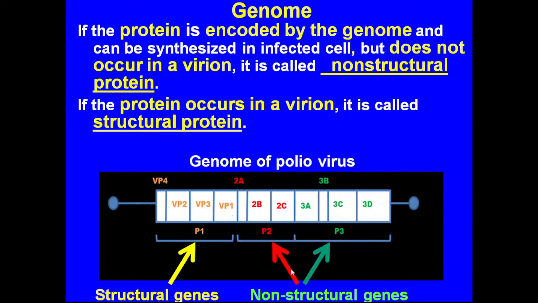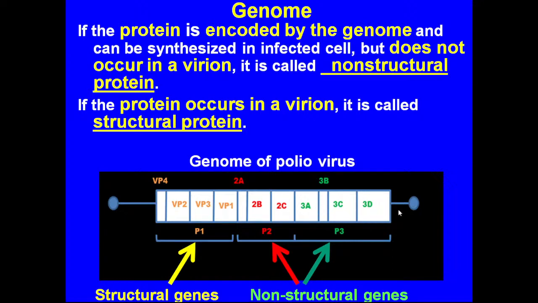But then, when the replication happens inside the host cell, these non-structural genes also will be expressed. It means the non-structural proteins will be produced on the ribosomes, but the function of these non-structural proteins is difficult to overestimate. Why? Because they are usually some enzymes and other very important proteins that help in virus replication in the host cell.